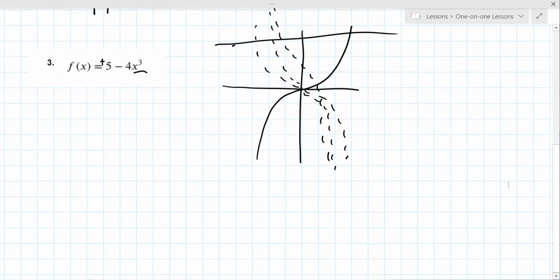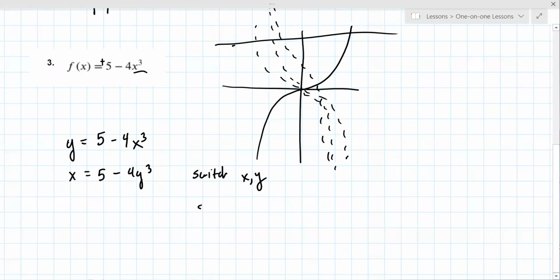Okay, so I'm going to rewrite it down here. I'm going to write y instead of f of x: y equals 5 minus 4x cubed. So the first thing you do is you switch x and y. Then you want to solve for y, and that could involve any number of steps.